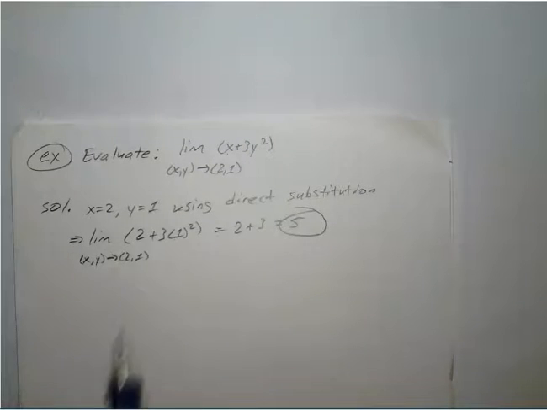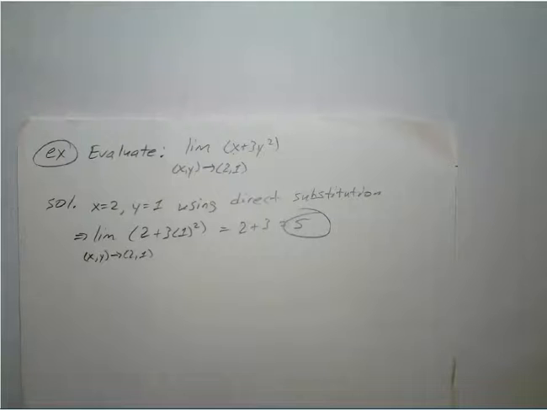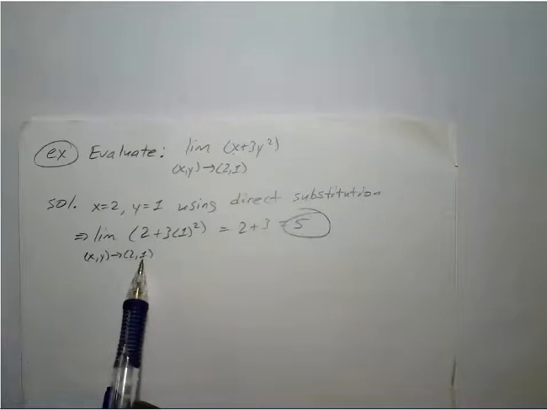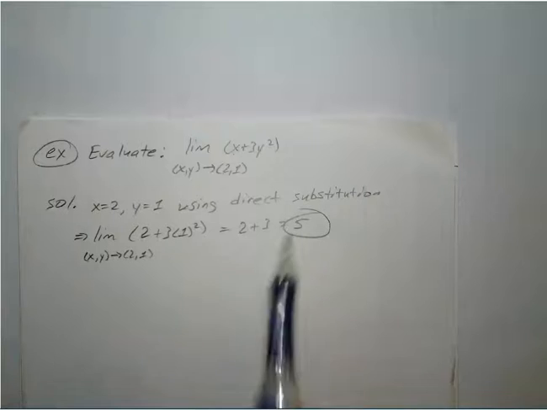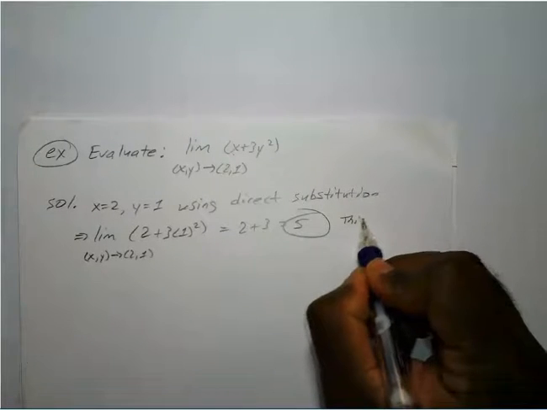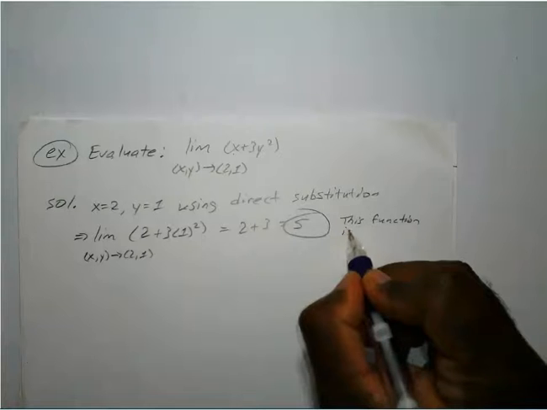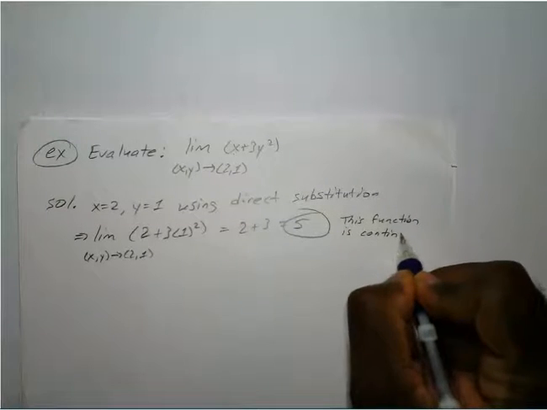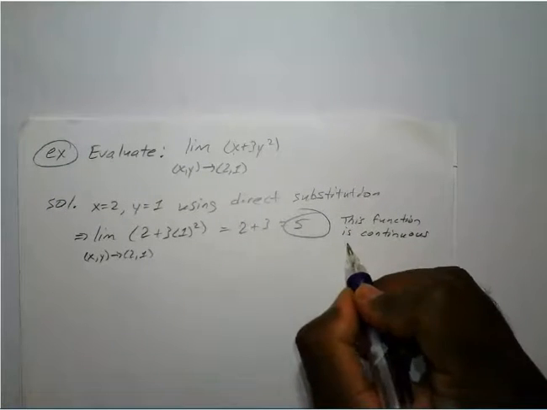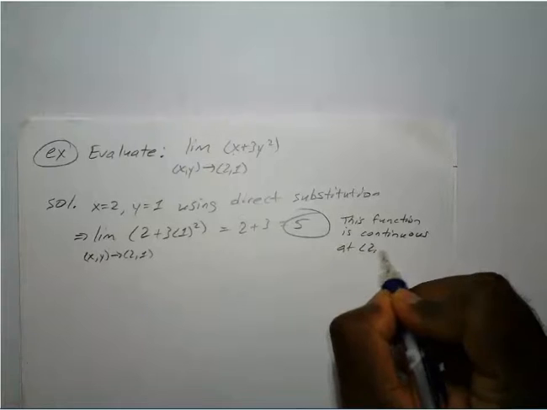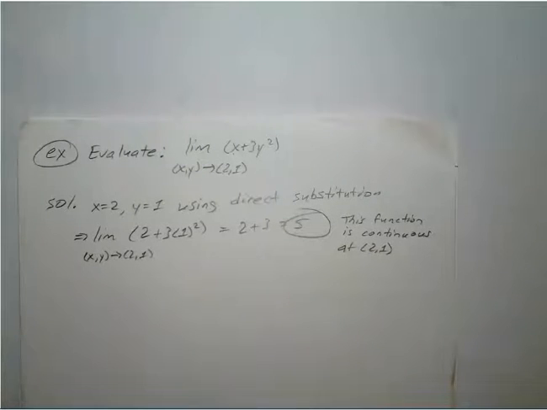Okay, now the fact that you plugged in your x0 and y0 and it gave you the limit value shows that this function is continuous at 2, 1.